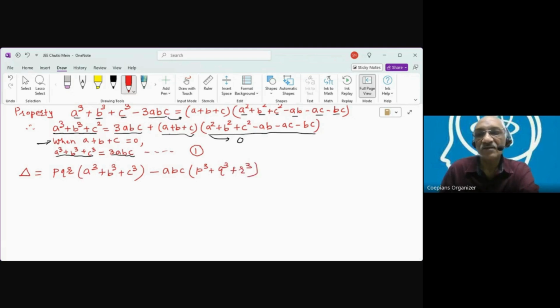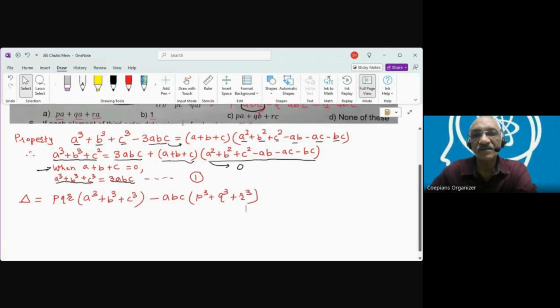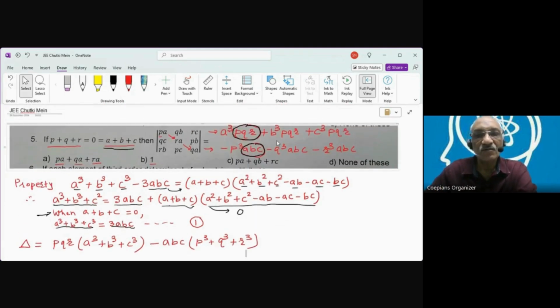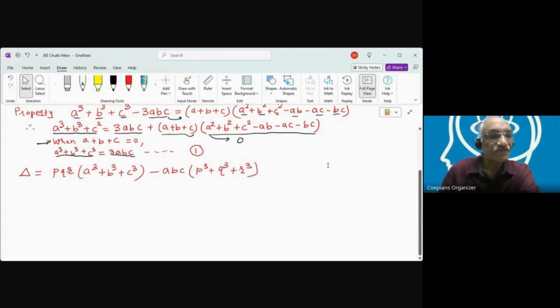So from the expansion above, I'm taking pqr and abc common and the negative sign. Here I'm taking all the positive terms and here all the negative terms. This I have done on purpose. So the value of the determinant after expansion becomes pqr into bracket a cube plus b cube plus c cube minus abc becomes common and p cube plus q cube plus r cube.